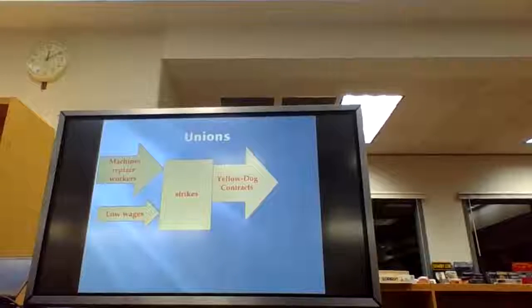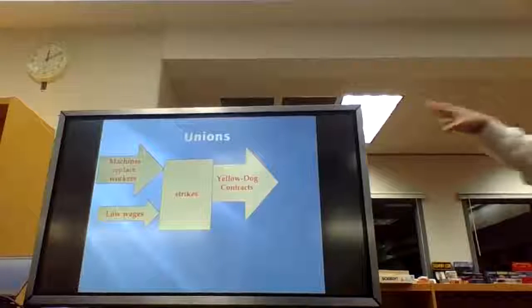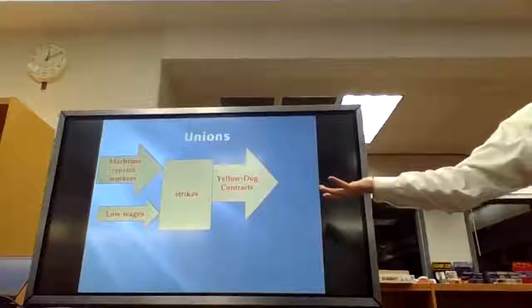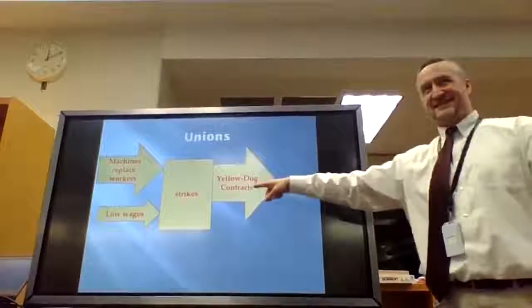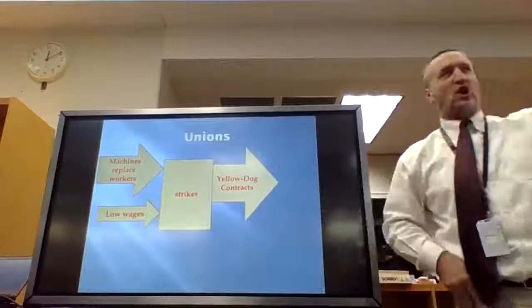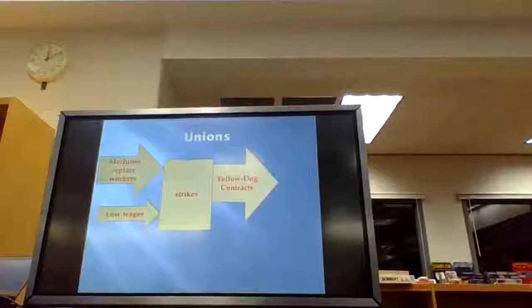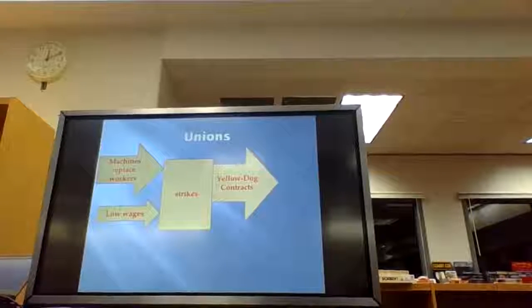Can you do that today? You cannot. Yellow dog contracts are illegal. Do you know why they're illegal? Because businesses did this, which would spur government action to prevent this. The reason it's illegal today is because it was done back then.